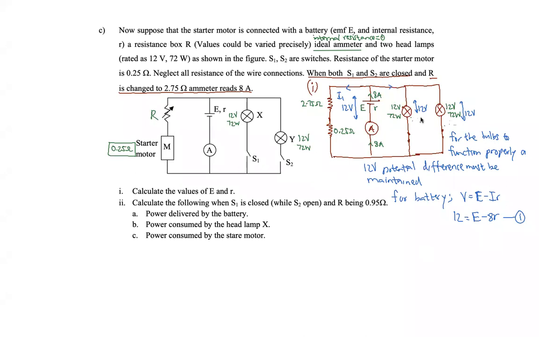If we take this voltage to be unknown, then how many unknowns will I have?